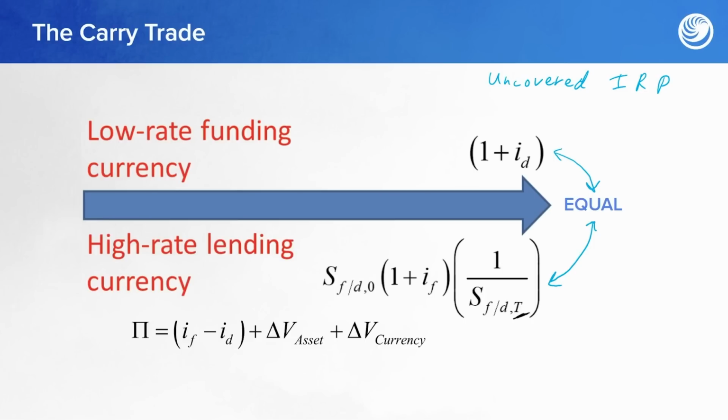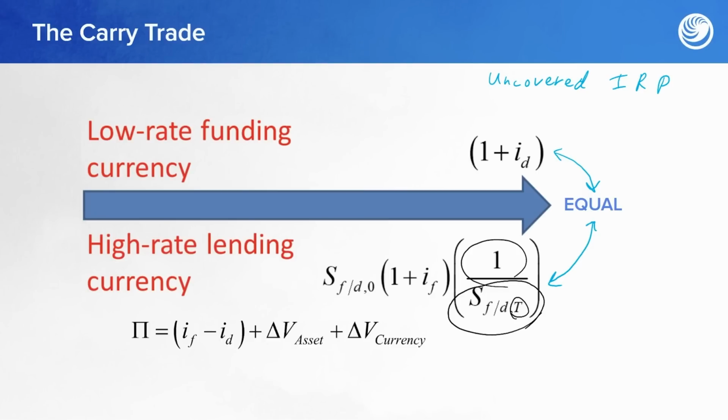So basically we're saying that investing at our current domestic lower rate currency should be equivalent to exchanging our domestic currency into the foreign currency today, investing at the foreign currency's rate, and then converting back to our domestic currency at the end of the period.